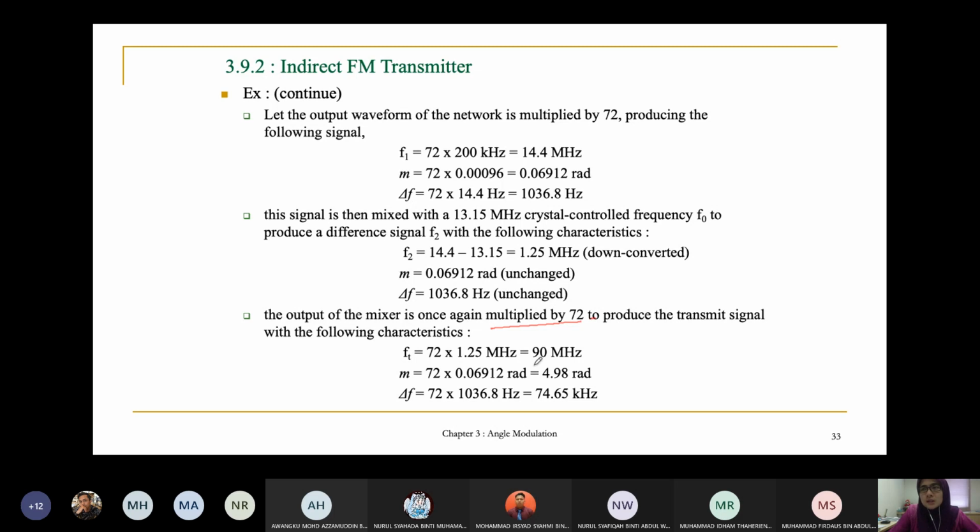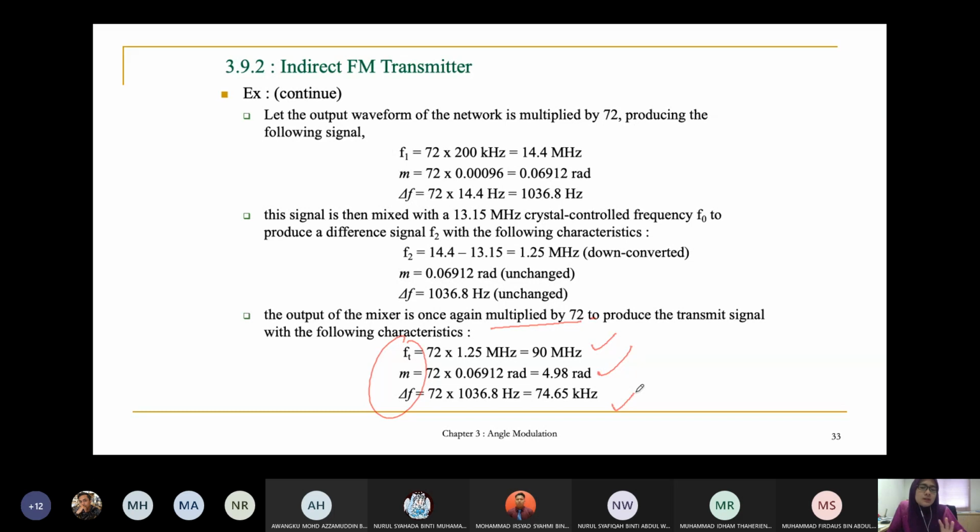Since this is a multiplication process, all of these parameters need to be multiplied by 72. So the final frequency at the antenna is equal to 90 megahertz, the modulation index is 4.98 radian, and delta F is equal to 74.65 kilohertz.